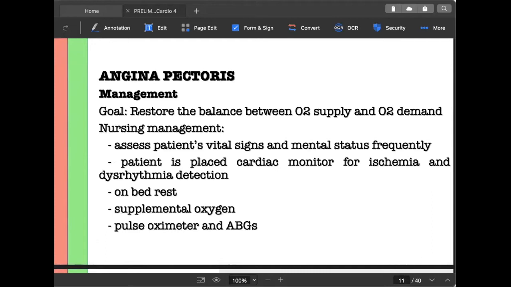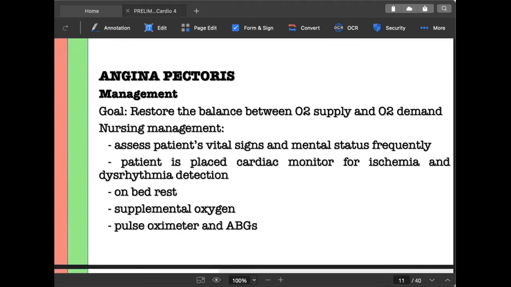And of course, it's because there's already an imbalance of oxygen supply and demand. So our main goal here is to restore the balance. Okay, so we're going to assess the patient's vital signs and mental status frequently.